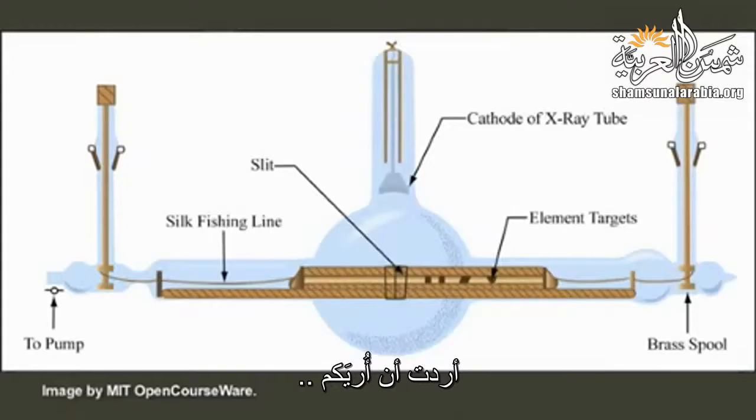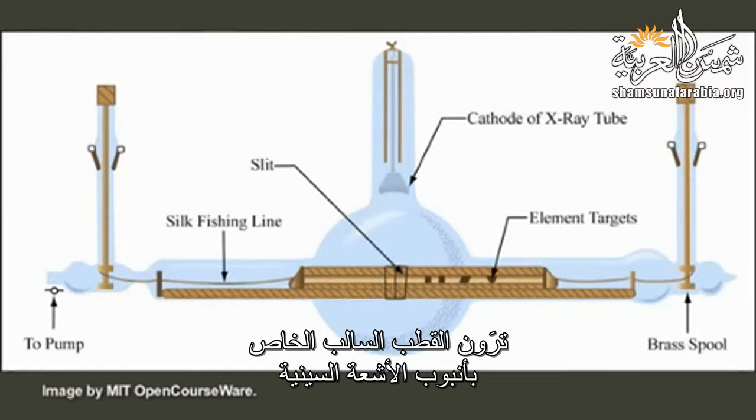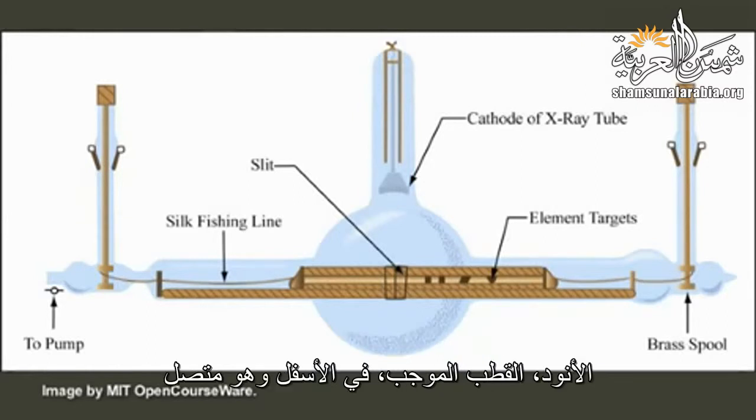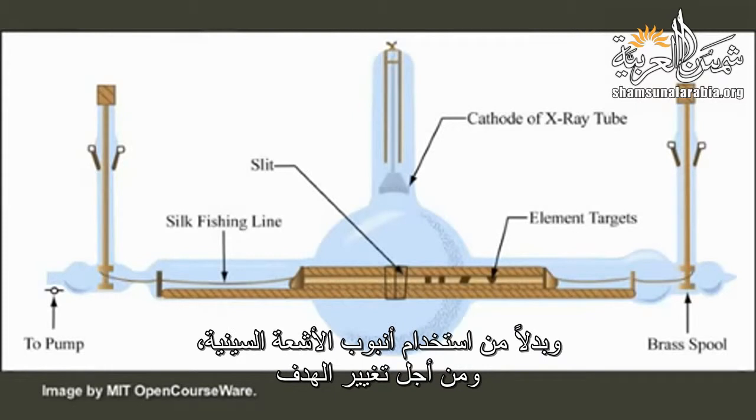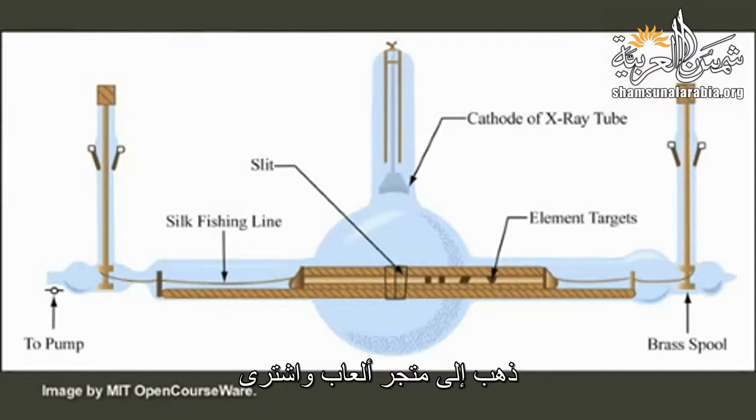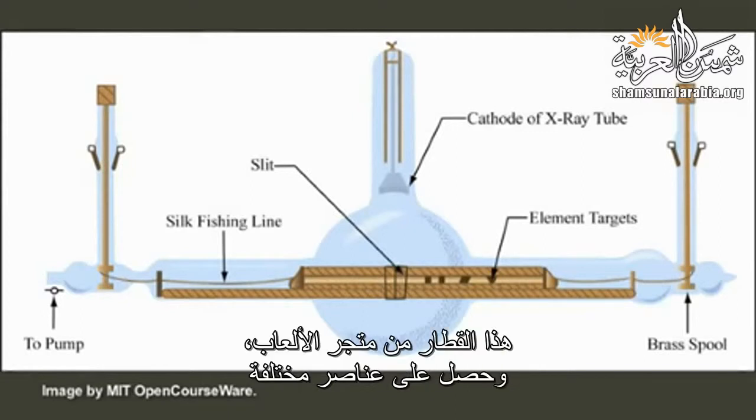Oh, I wanted to show you this image taken from his paper. He worked for Rutherford. These people were brilliant experimentalists. So here the cathode is up here at the top. You see the cathode of the X-ray tube and the feed-through and so on. The anode is down here and it's connected and so on. And rather than take the X-ray tube apart in order to change the target, he went to the toy store and bought this train.